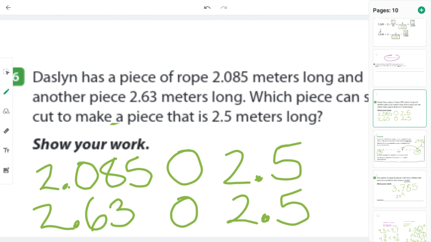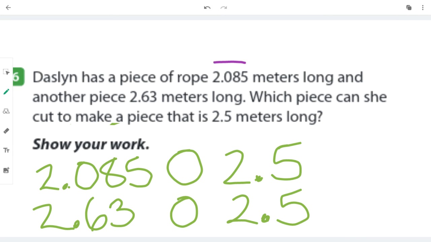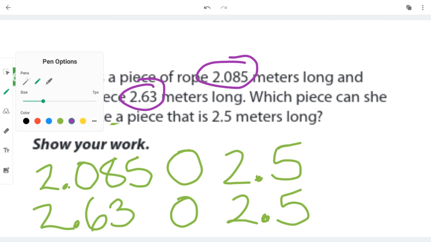This question is asking you to compare these two decimals to this decimal here at the bottom in blue.